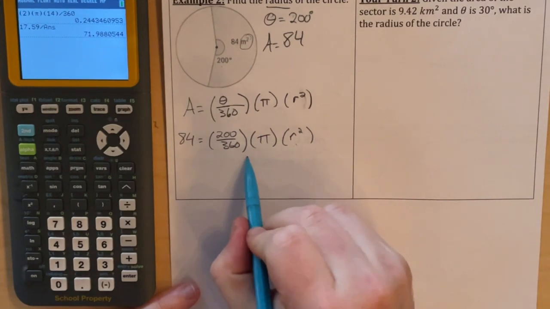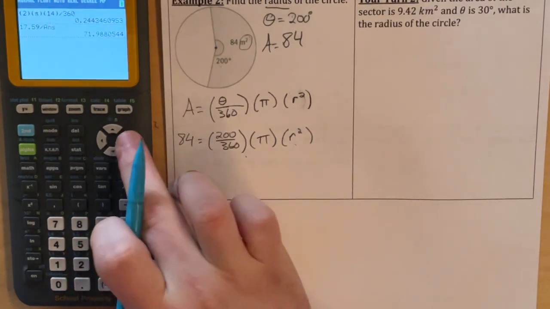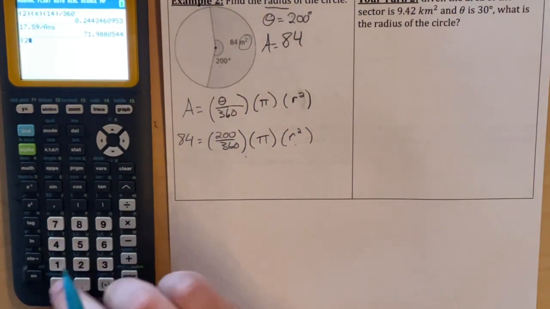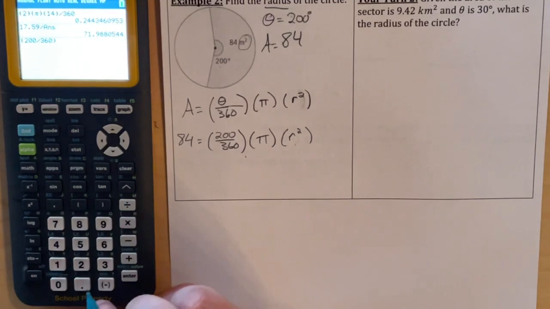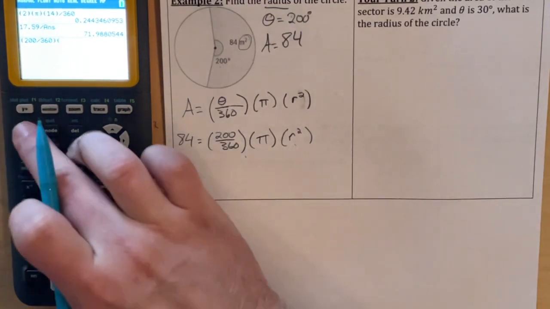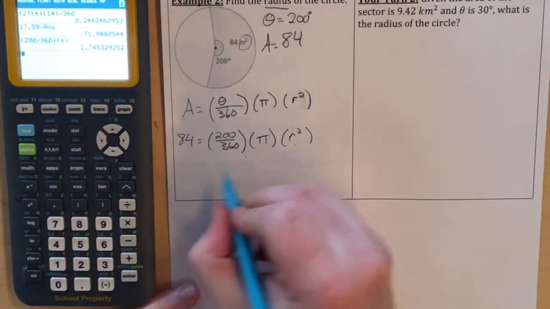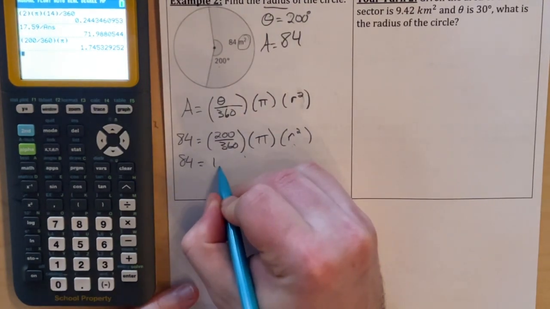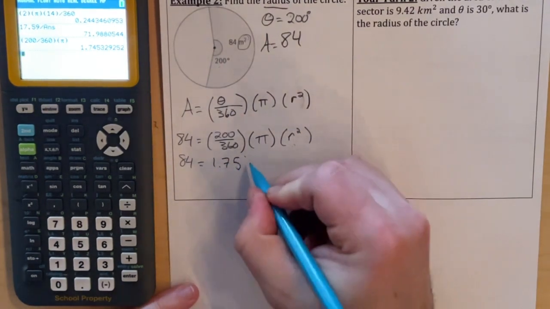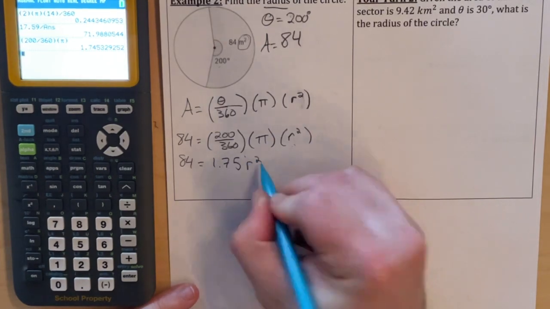So make sure you multiply out what you have. Let's do it like this: in parentheses, I have 200 divided by 360, times pi. That's going to give me a nice decimal value there. So I can say this is going to be 84 equals about 175 times radius squared.